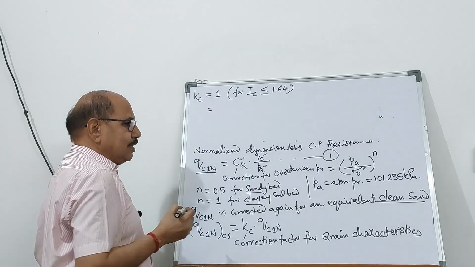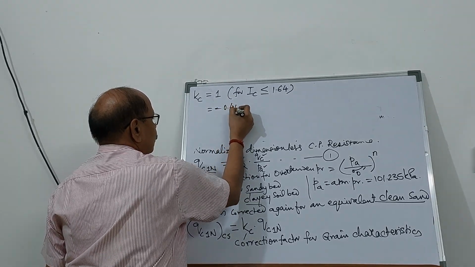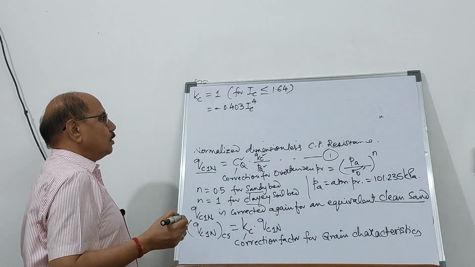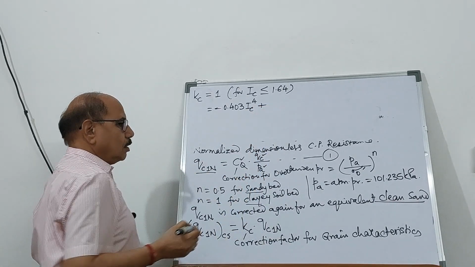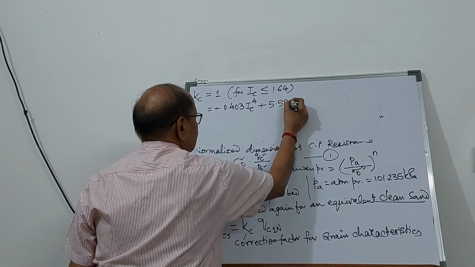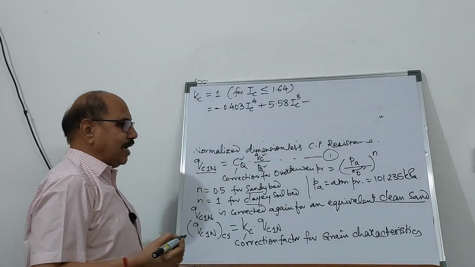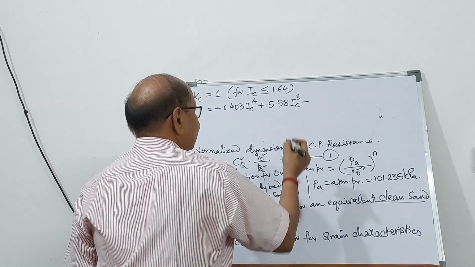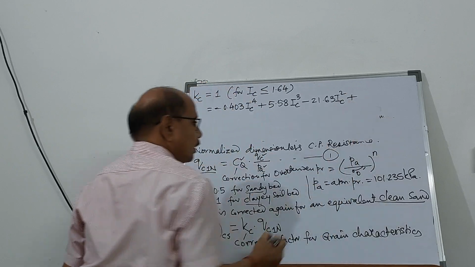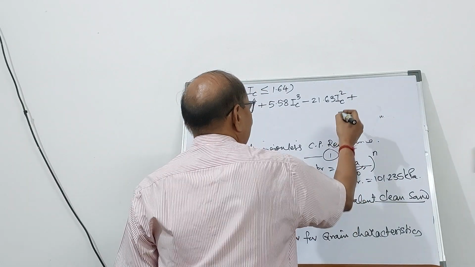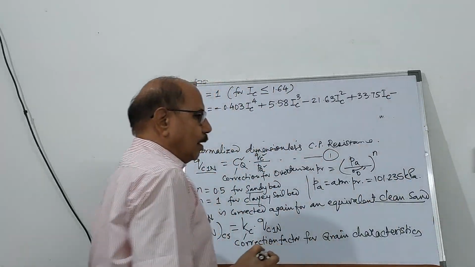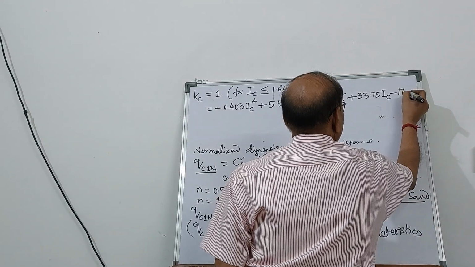Otherwise, it is equal to minus 0.403 IC^4 plus 5.58 IC^3 minus 21.63 IC^2 plus 33.75 IC minus 17.88.